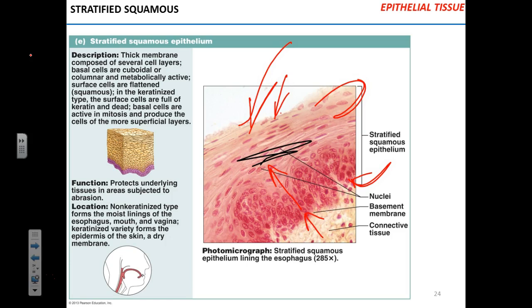Your skin bacteria. Whatever's found on your skin is probably the most common bacteria you can find in a built environment. Okay? We lose these cells all the time because the basal level keeps producing them.